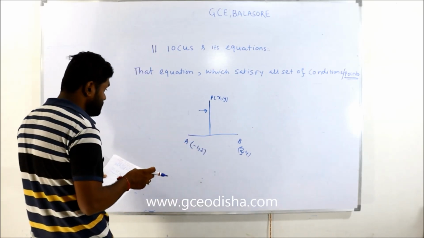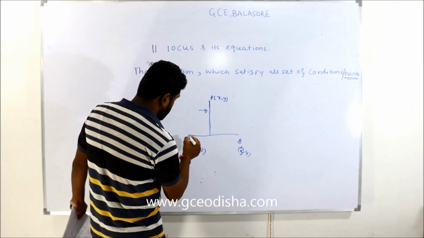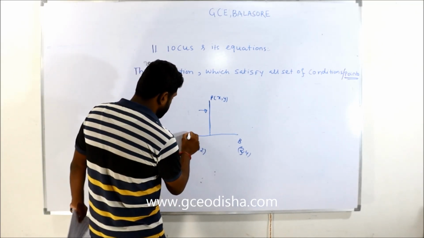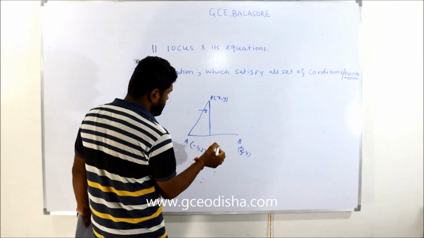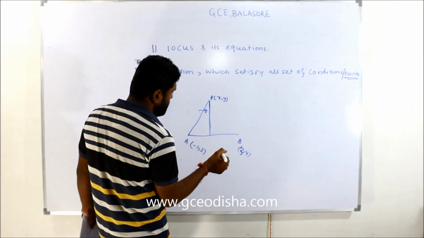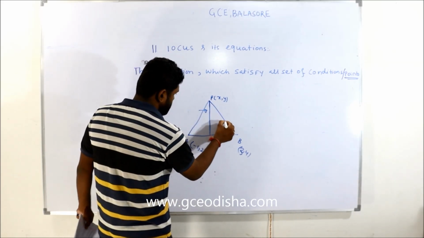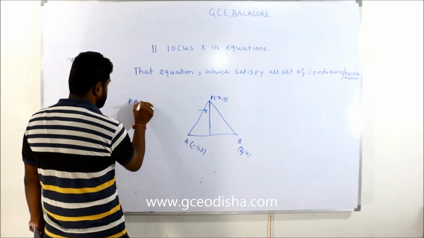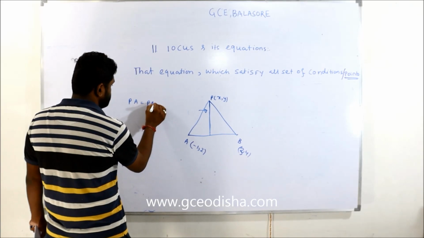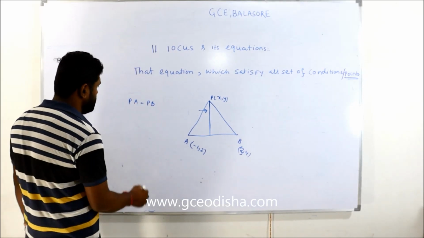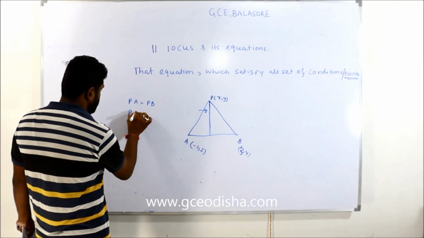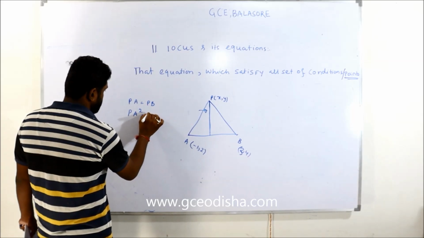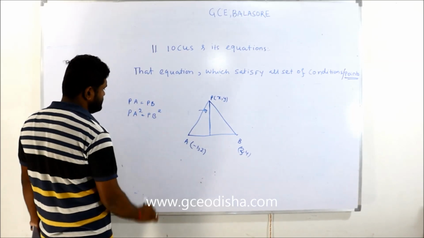Then as per similarity of the triangles, PA is equal to PB, right? Then PA square is equal to PB square.